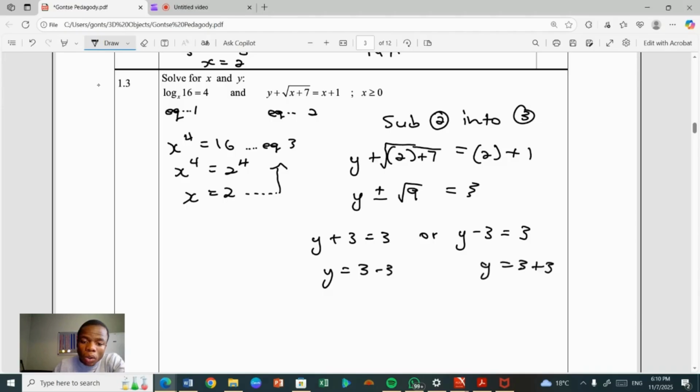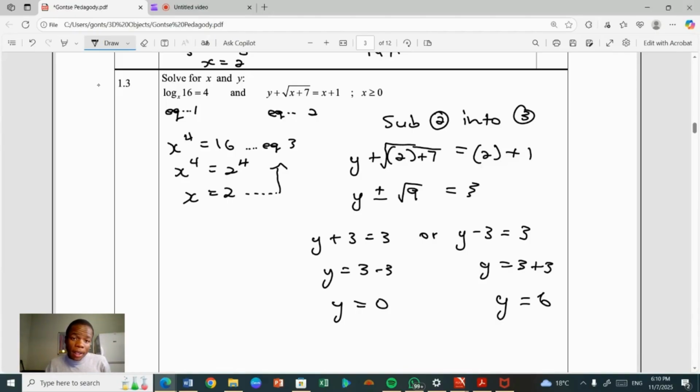So y is equal to 0, then y is equal to what? It's equal to 6. Then you can prove it. When you prove it, you substitute one of the y's in your equation.